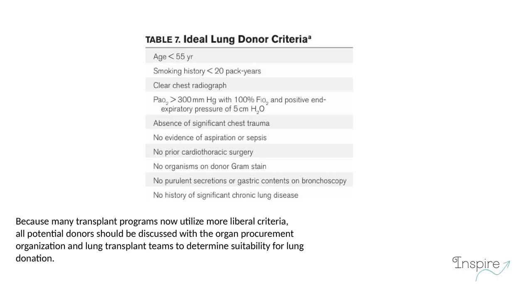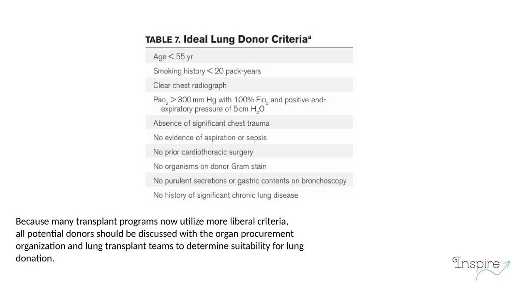So this consensus group came together, reviewed the literature like all of these groups do, and put together a list of things they consider to be ideal lung donor criteria. The list starts out with an age of less than 55 years old, smoking history of less than 20 pack years, a clear chest X-ray, PF ratio or PO2 greater than 300 on 100%, which would be a PF ratio of greater than 300 with a PEEP of 5.